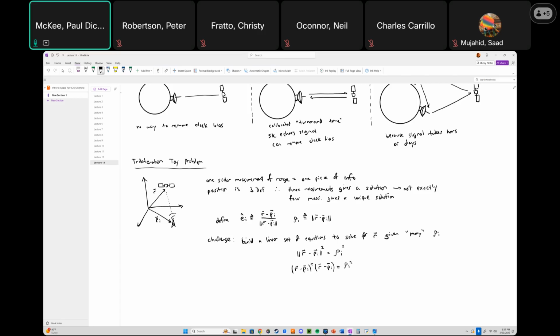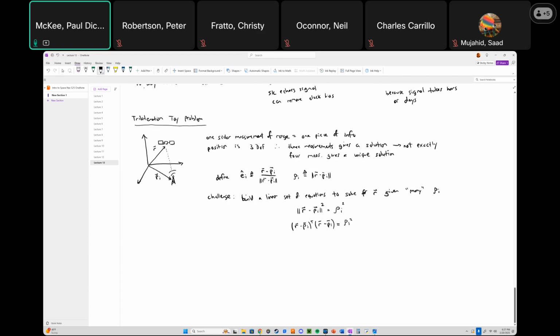If you've made it this far, then we're coasting to a solution at this point, right? Let's go through and distribute. R transpose R minus 2 pi transpose R plus pi transpose pi. And I'm actually going to also subtract rho I squared is equal to 0.